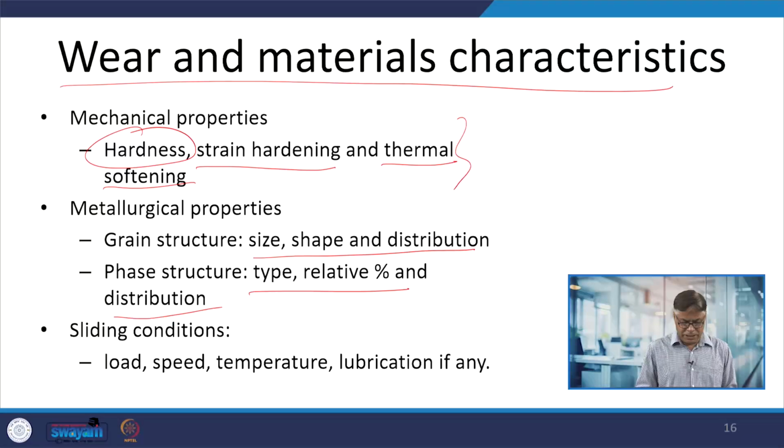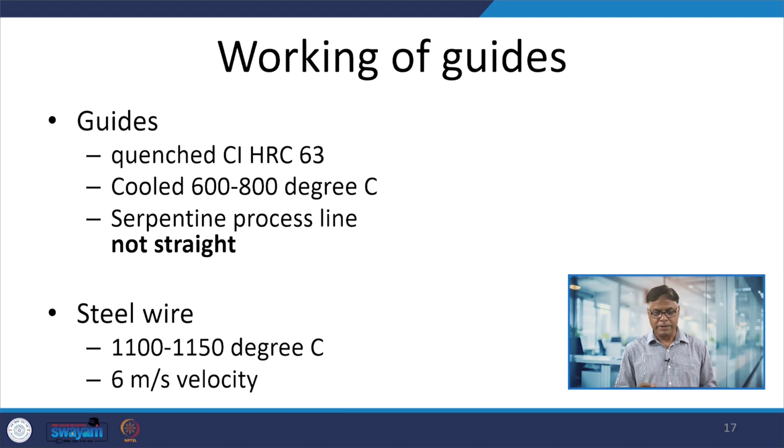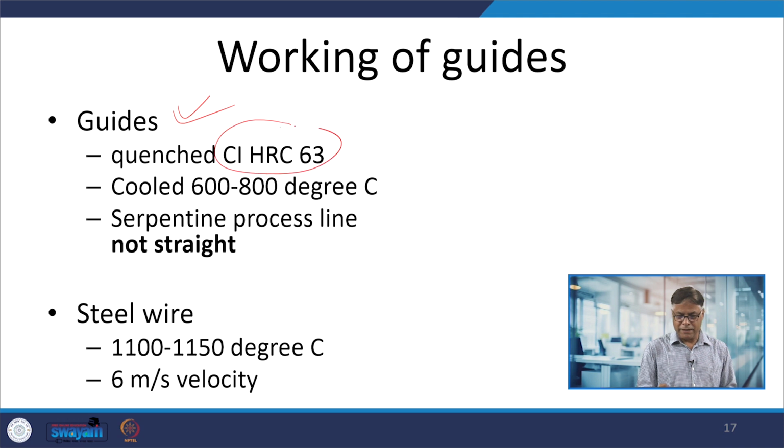And additionally, the conditions under which sliding is taking place matter: the normal pressure, the speed, the temperature at which it is happening, and the lubrication or coolant if it is being used for reducing the related wear. So, in this particular case study, as I have said, the guides were made of cast iron, treated by quenching to achieve a hardness of HRC 63.